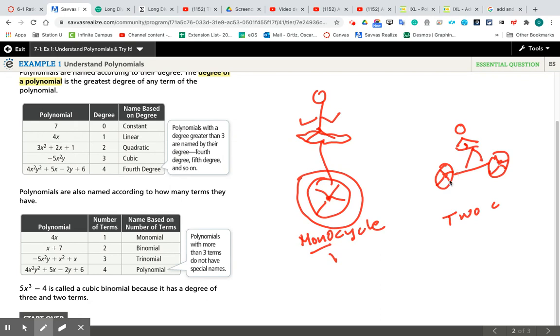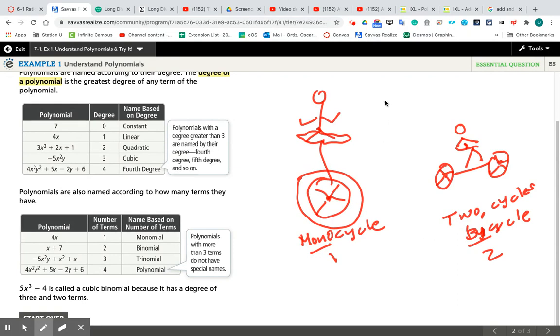Imagine that the person is going in that bicycle. It's two cycles. So bicycle. I want you guys to think of two cycles.